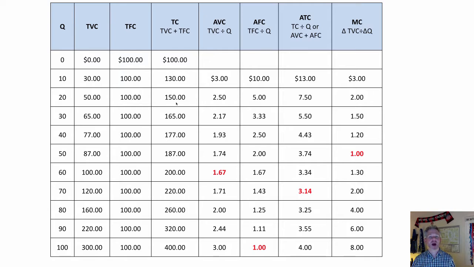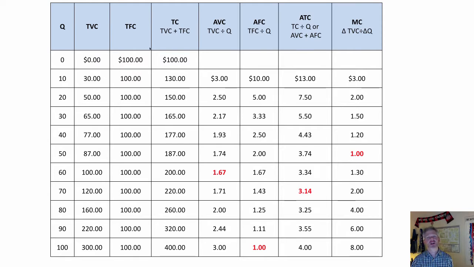We divide it by the amount we're producing, which is 20, so we get 2.50. Average variable cost of producing 30: the total variable cost is 65. We divide it by 30, we get 2.17. And that's where average variable cost comes from. We just take the total divided by the quantity.